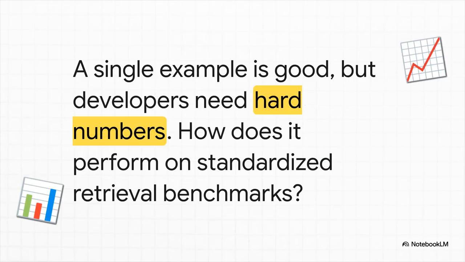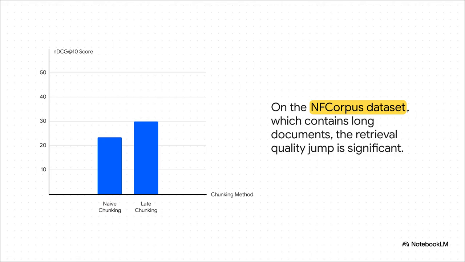Now, one cool example is one thing, but if you're a builder, you need more than that. You need hard numbers. So how does late chunking do on the big, standardized benchmarks? Well, the quantitative proof is just as strong. Take the NFCorpus dataset, for example, which is packed with long, tricky documents. Naive chunking scores around 23.5%, but late chunking hits nearly 30%.